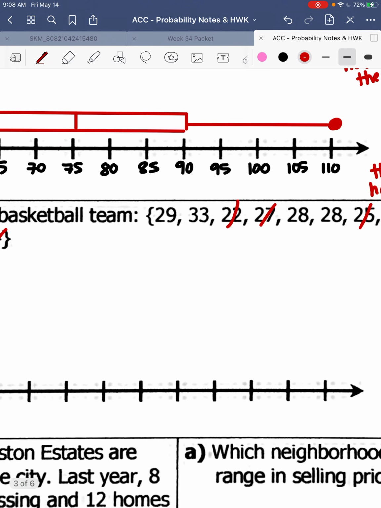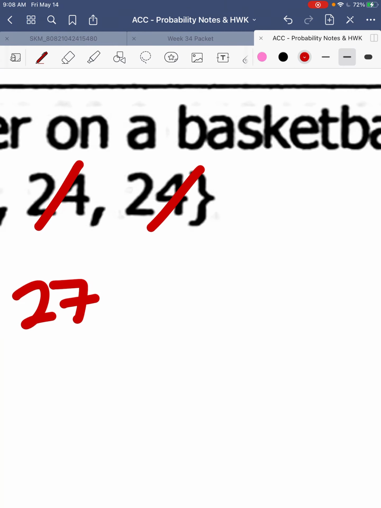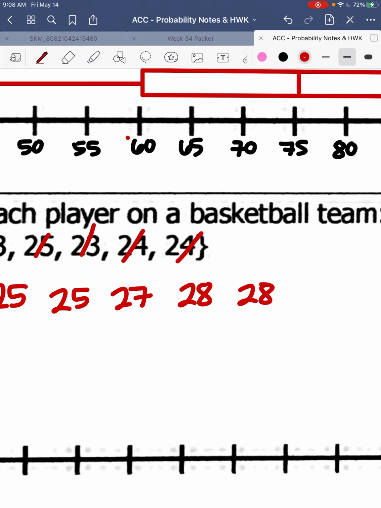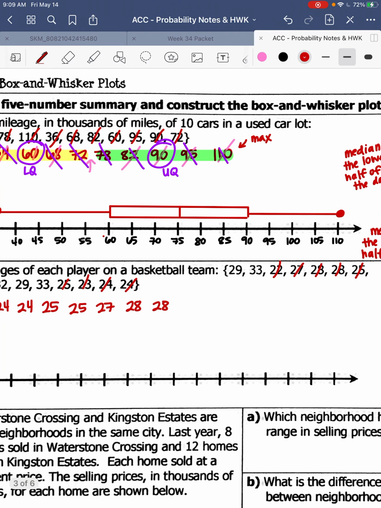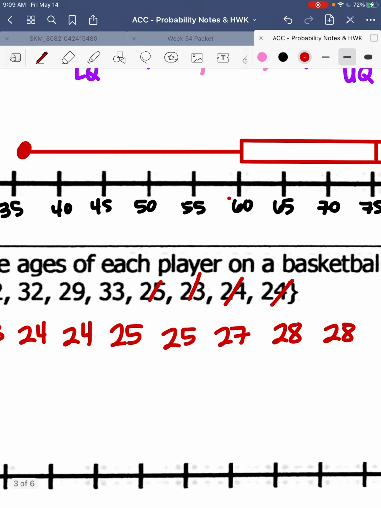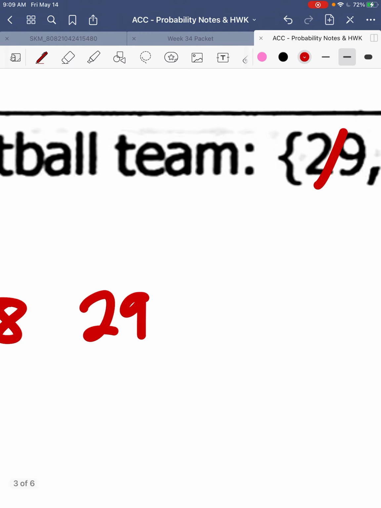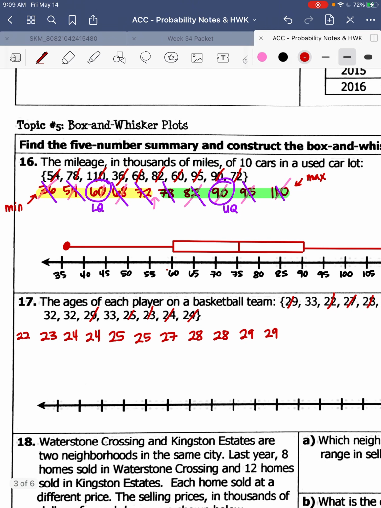And then 2 28s. And after that, I've got 2 29s. Okay.